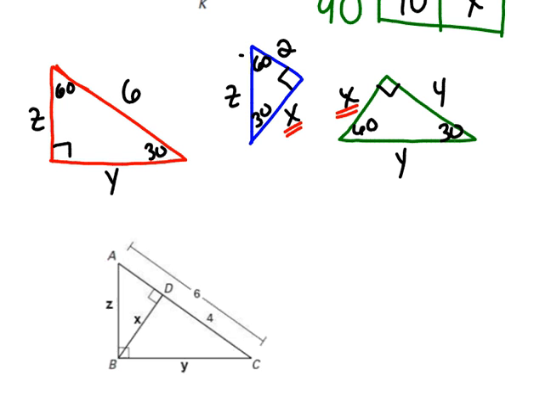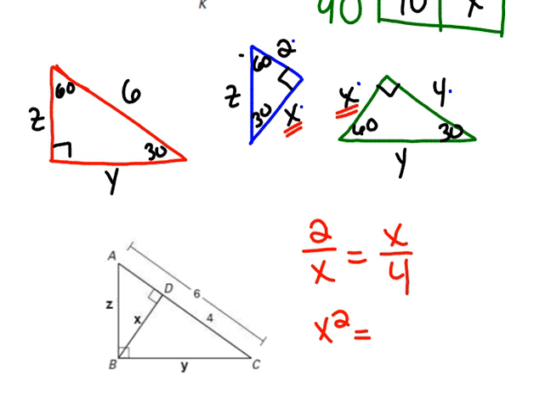So we're going to have 2 over x equals x over 4. I just took the legs of both the triangles. We have a leg, leg, leg, leg.